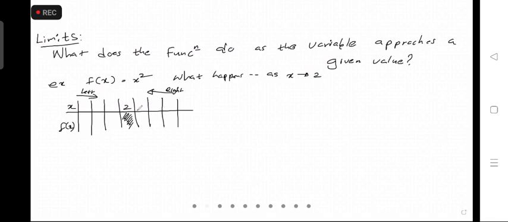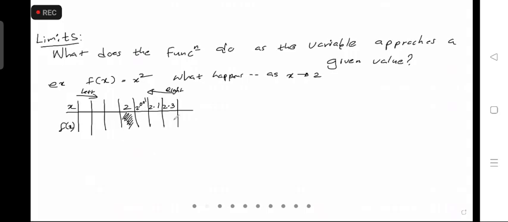What are the nearest values on both ends? We can start with 2.3, then 2.1, then 2.001, very close.